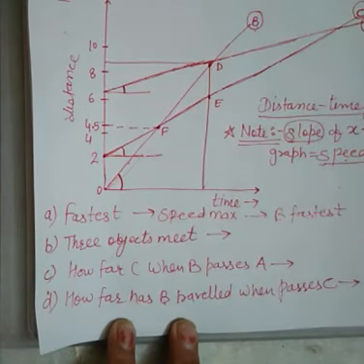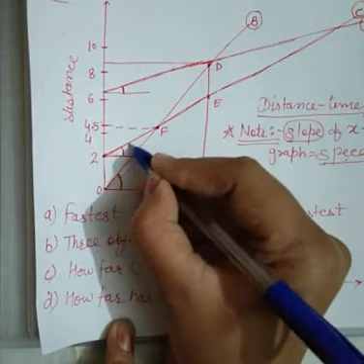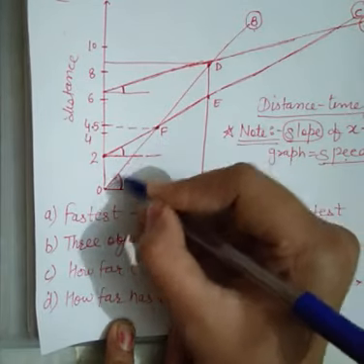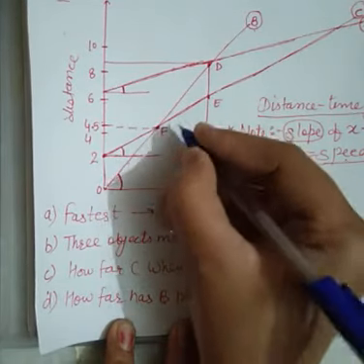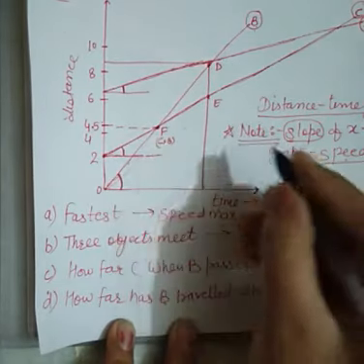Okay. So next question is, do the 3 objects meet or not? We have to check. Is there any point where 3 graphs intersect each other at a single point? At this point, graph for C and that is for B. C and B are intersecting here.